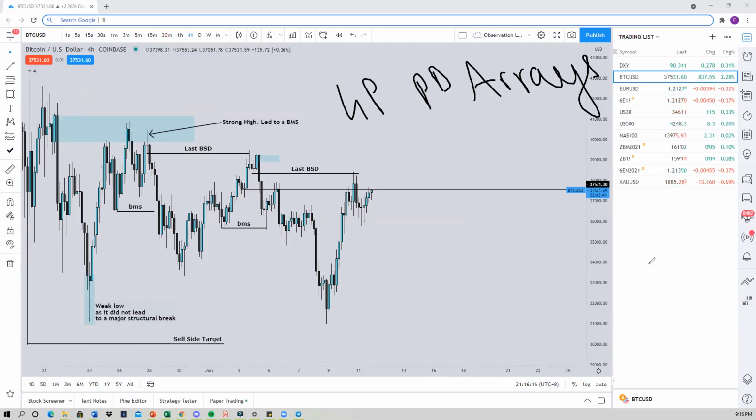Meaning this led to a break in market structure.